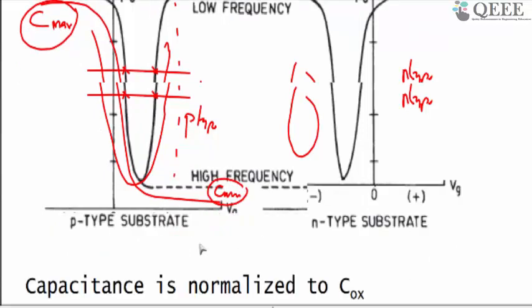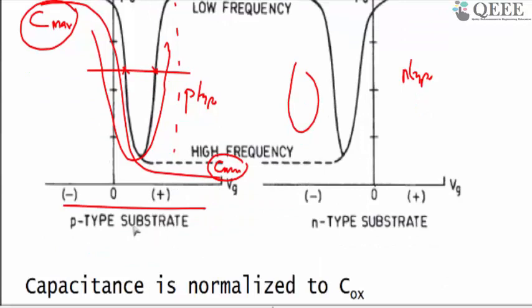You utilize this property wherever you want to use a variable capacitor, as a varactor. If you want to use a varactor, you use this MOS capacitor. Depending upon the bias you apply, you get different capacitance. For example, if you want to build a tuning circuit, you have a fixed inductance and a variable capacitance, so you can tune the center frequency of a tuning circuit.